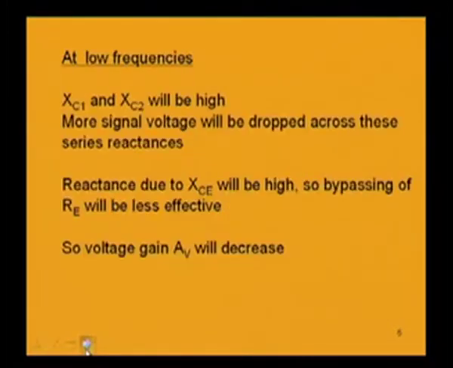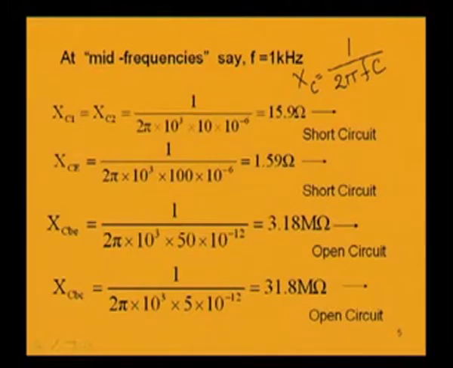Now if we consider the frequency of the applied signal not at mid frequency or the 1 kilohertz range, but at lower frequency, what will happen to XC1 and XC2, because it is 1 by 2 pi fC, and now this frequency is a smaller value.